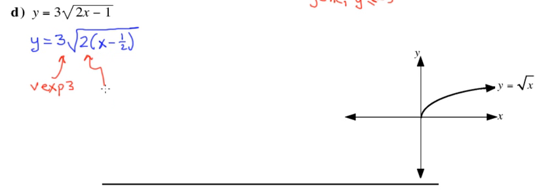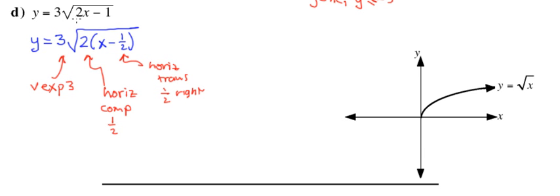We have horizontal, what? It's a compression. Horizontals are backwards again. It's a horizontal compression by a factor of 1/2. And we have a horizontal translation, half a unit to the right.